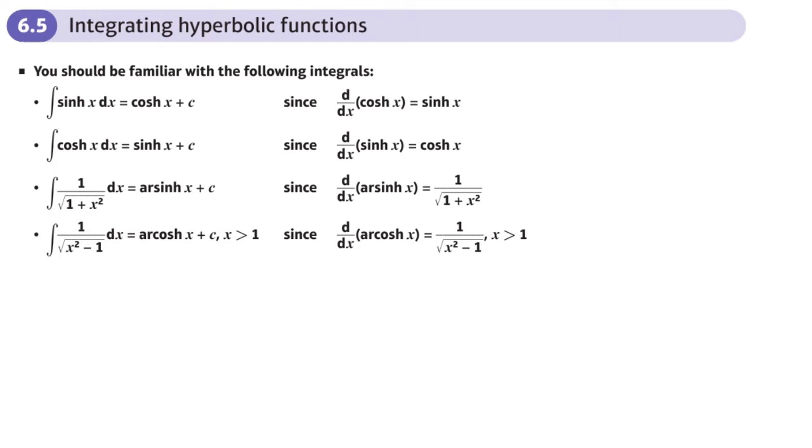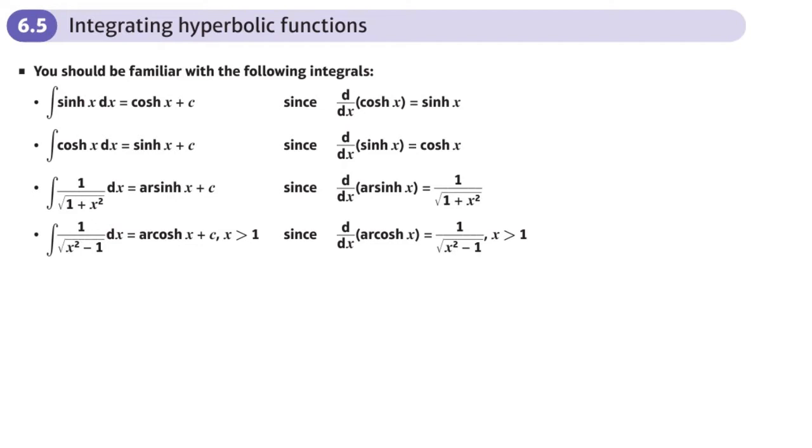This is the fifth section of hyperbolic functions, and this is integrating hyperbolic functions. Now, there are advantages and disadvantages to doing this chapter. The advantage is that all of the integrals are given in the formula book. There aren't any you need to memorize.